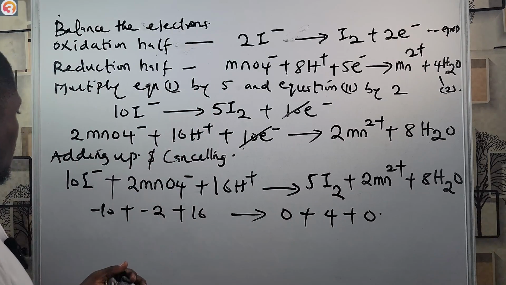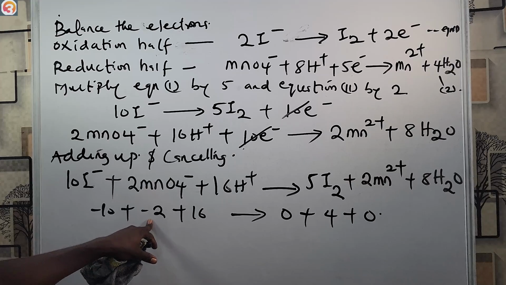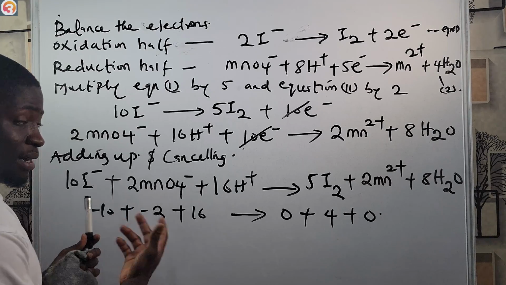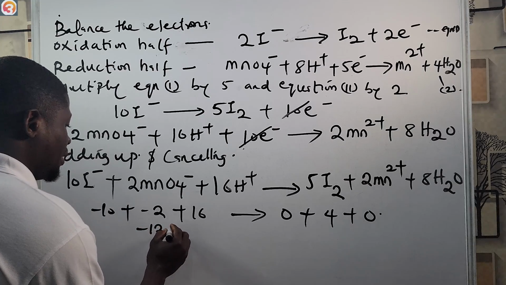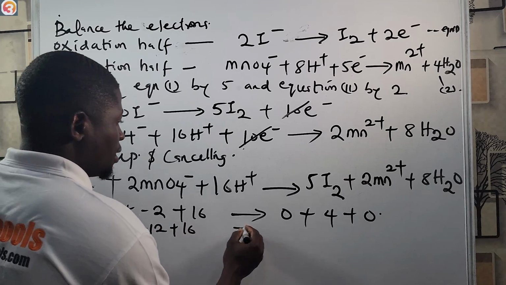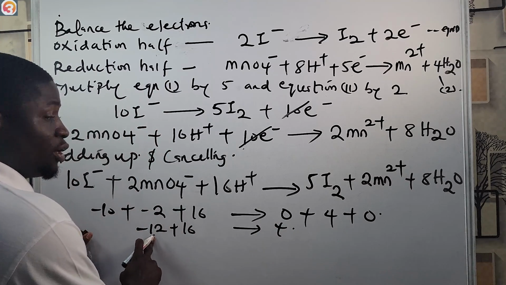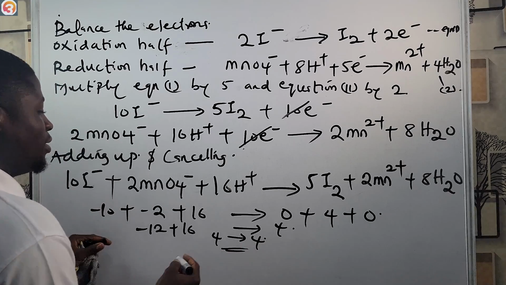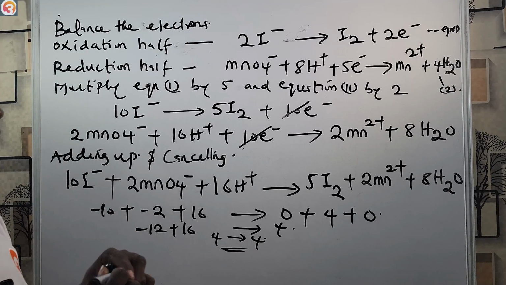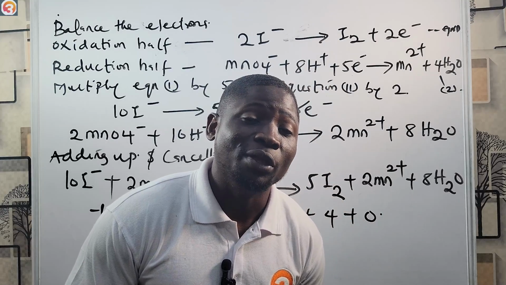Now let's add minus 10 minus 2, which is minus 12. Then plus 16, equals 4. On the right, 0 plus 4 plus 0 is 4. So 4 is equal to 4. You see that our equation is balanced. So you can now smile. Ha! My effort has not been wasted.